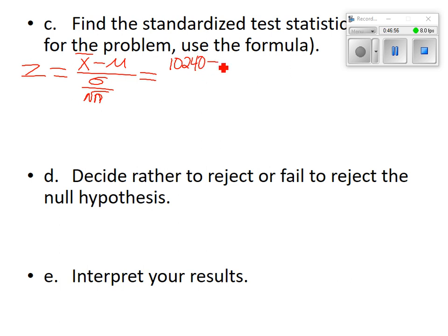Minus, what was mu? 10,380. Divided by sigma. 1,561. Did they tell us sigma? Well, they told you the standard deviation. They told you S, right? So for the sample we just use that. And what was n this time? 500.